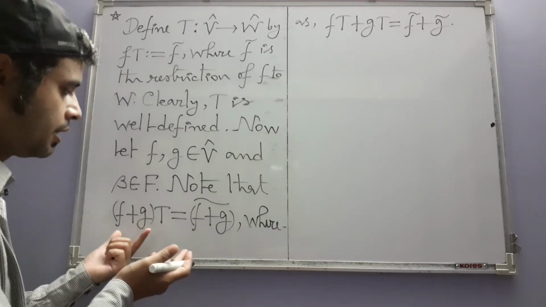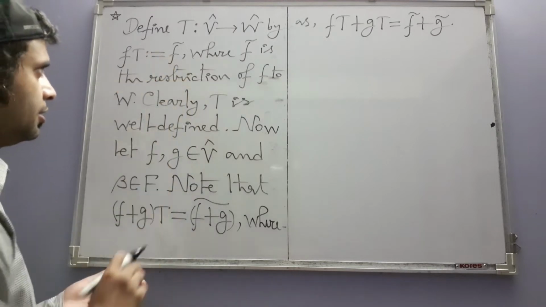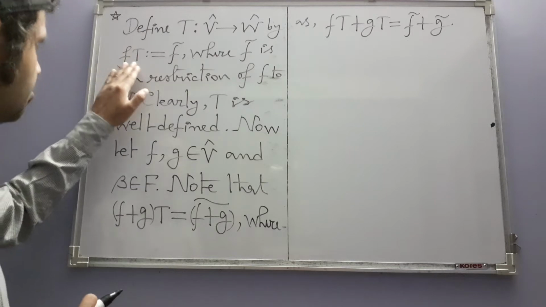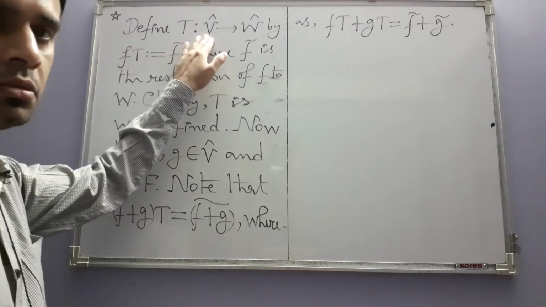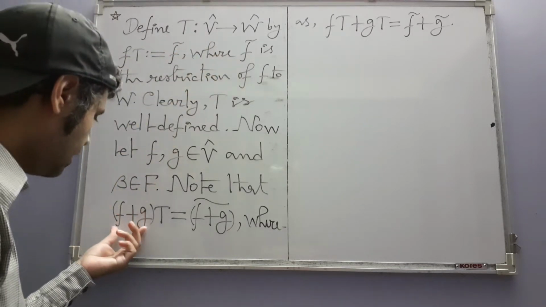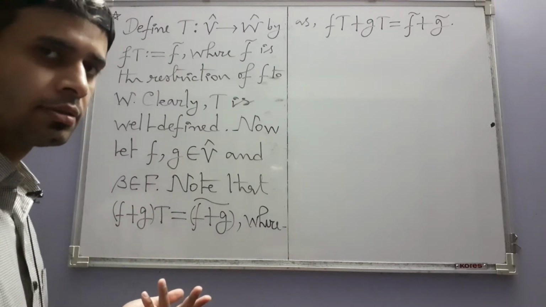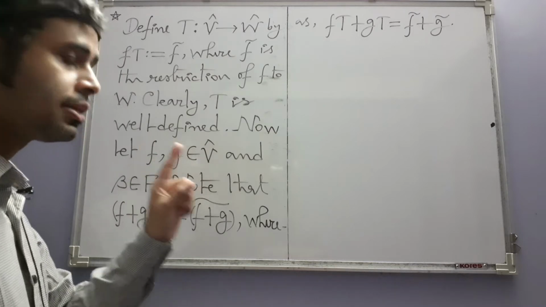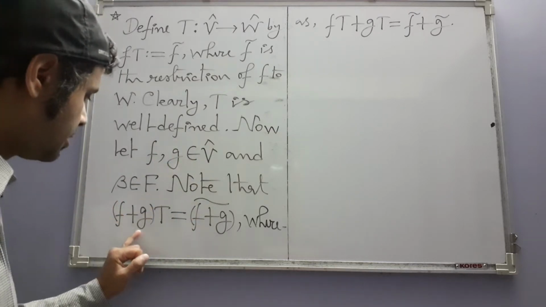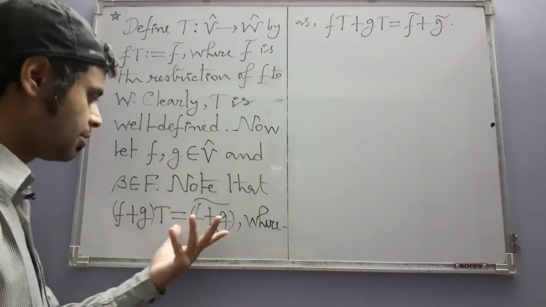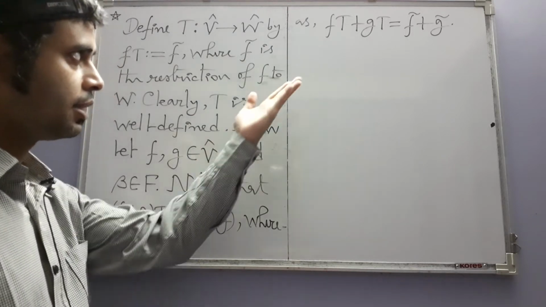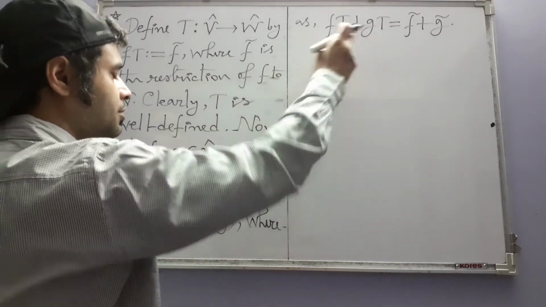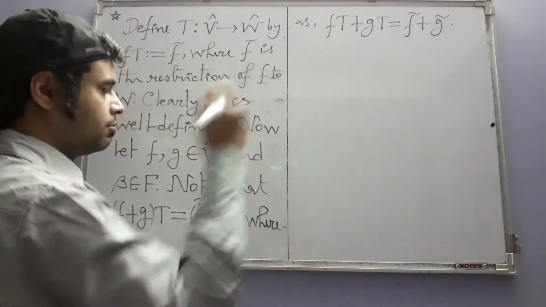You would say of course that by the definition of T, but the definition of T demands that the input be in V hat. Is F plus G in V hat? Yes, that's because F and G are coming from V hat, and V hat is a subspace. So that's why F plus G is also in V hat, and that's why this makes sense. And there of course you do not even have to argue like that. They are directly F and G coming from V hat, so you have that.